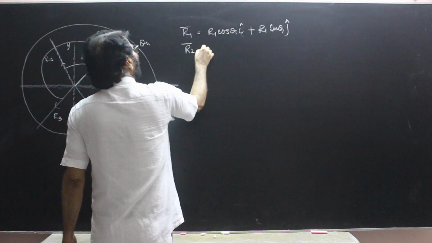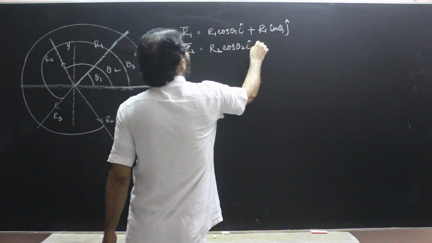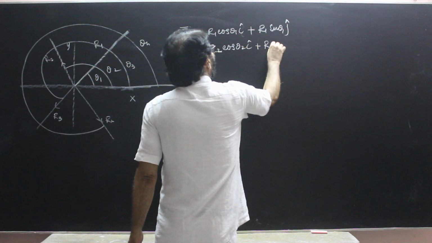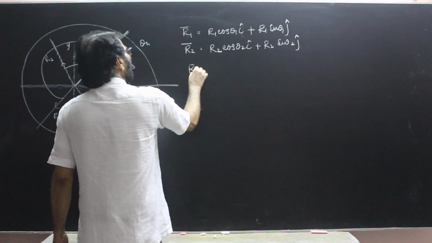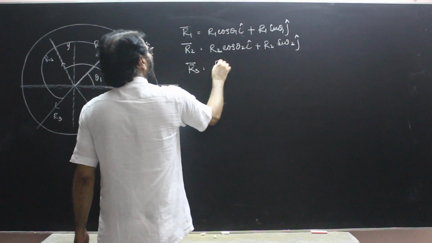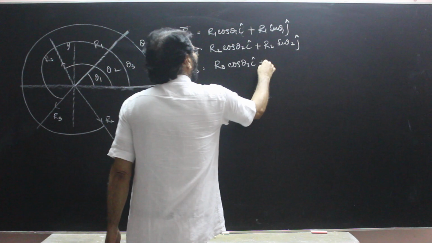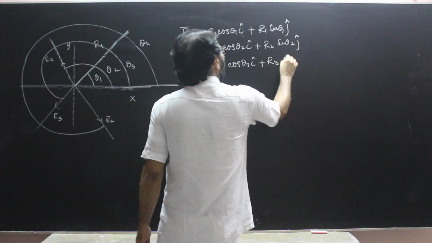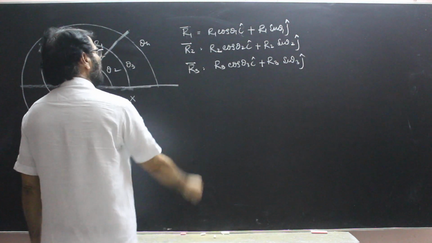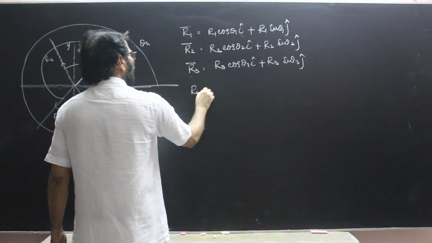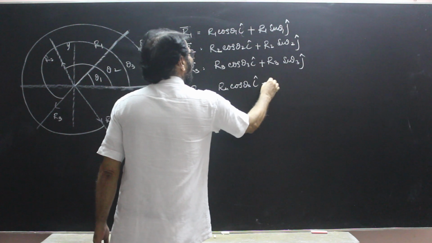Similarly, r2 can be written as r2 cos theta 2 i plus r2 sin theta 2 j, and r3 cos theta 3 i plus r3 sin theta 3 j, and Rn can be written as Rn cos theta n i plus Rn sin theta n j.